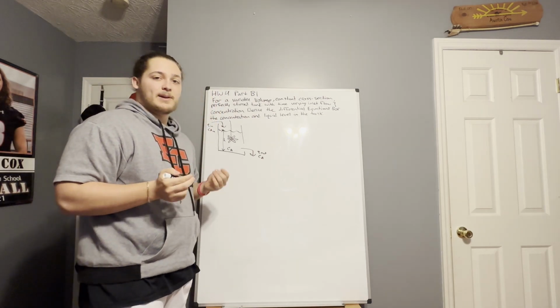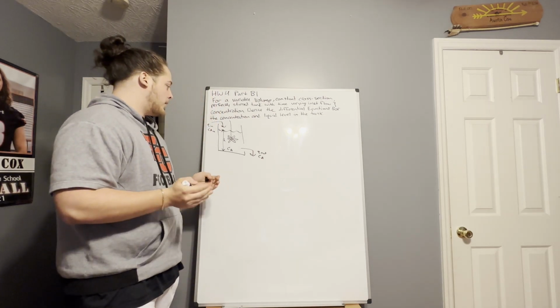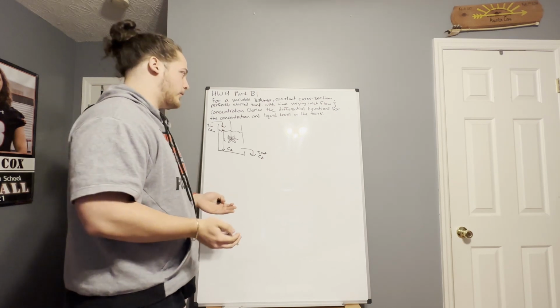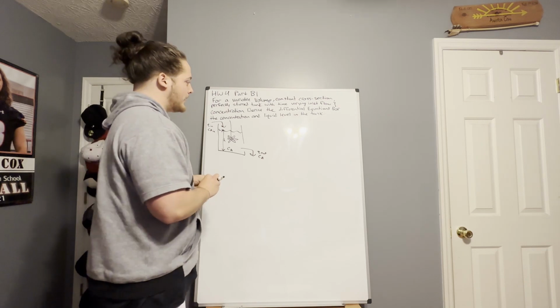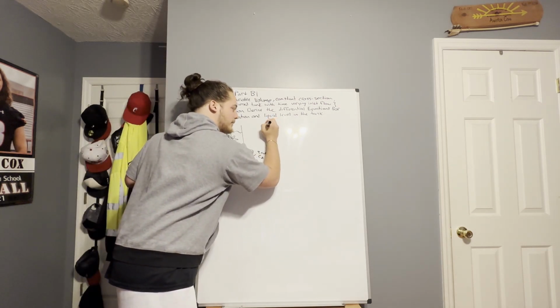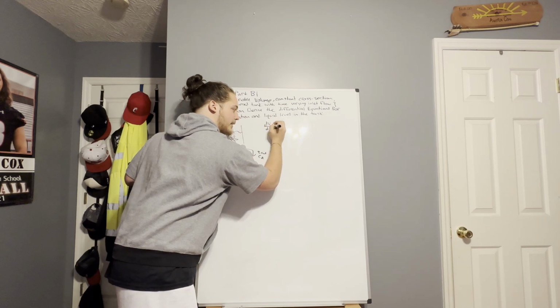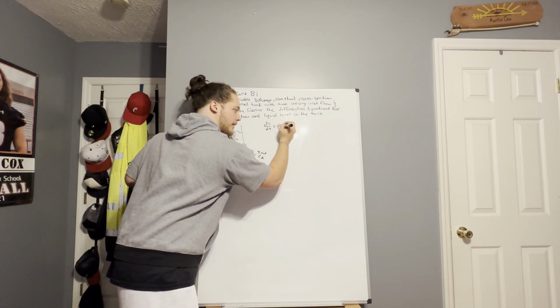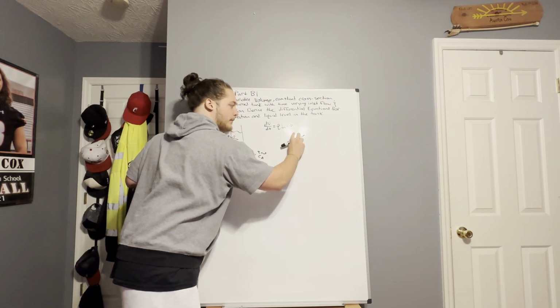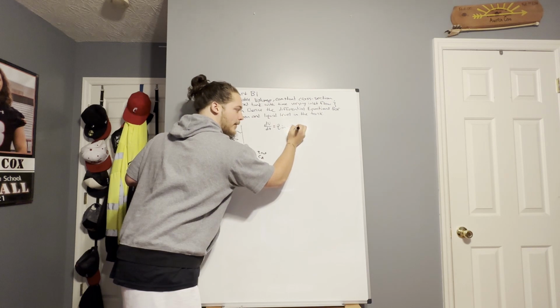So since we have a variable volume, we know that we need to look at the change in volume with respect to time. So the differential of volume with respect to time is equal to the flow in minus the flow out.